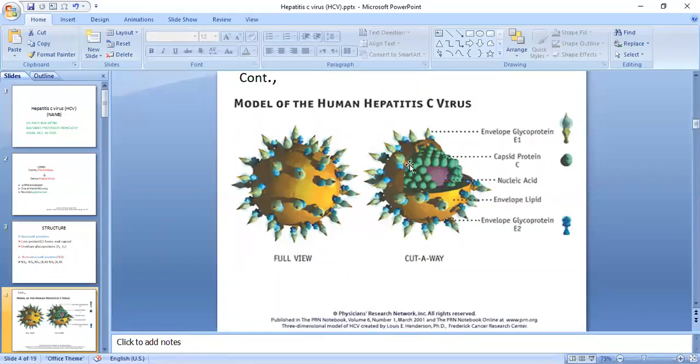This is the structural outline: the envelope antigen E1, the capsid antigen C protein, and the nucleic acid genome inside the envelope and inside the capsid.